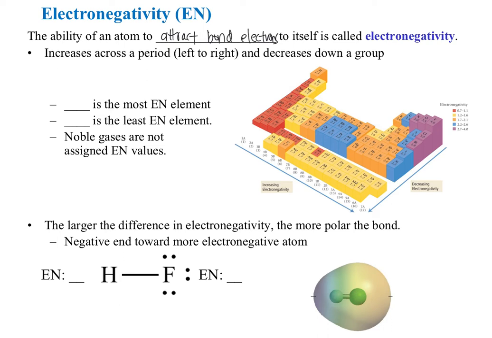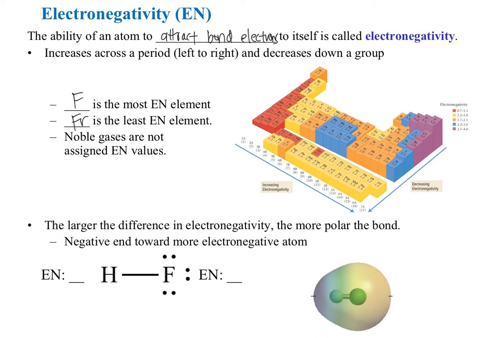Fluorine is the most electronegative, and francium is the least electronegative. So it's kind of following the trend of effective nuclear charge. The noble gases are not assigned electronegativities because they already have a full octet, so they're not really seeking electrons. But keep in mind that noble gases can bond. They just don't really have an electronegativity.